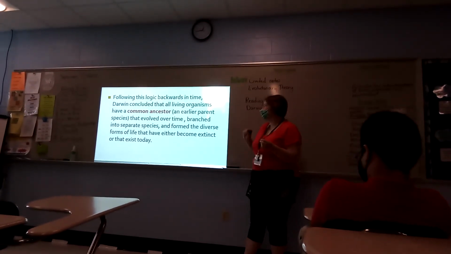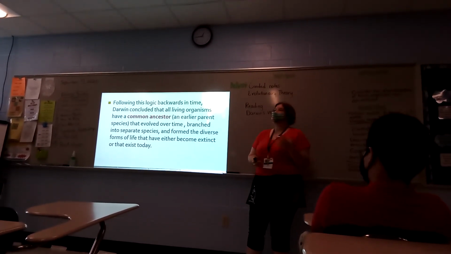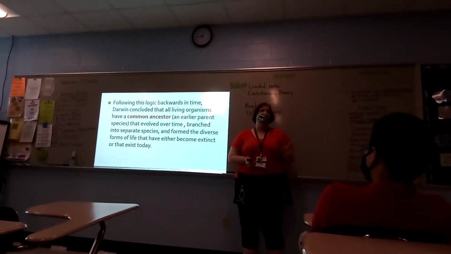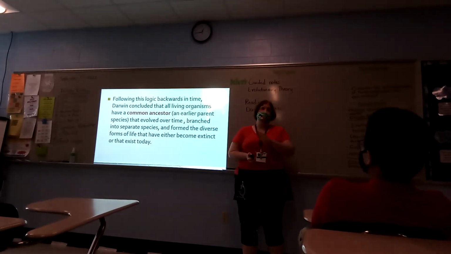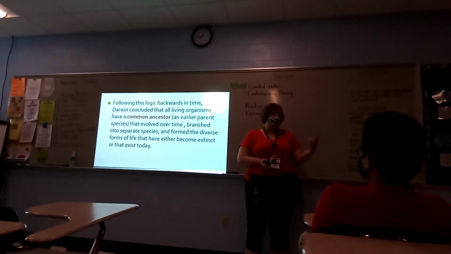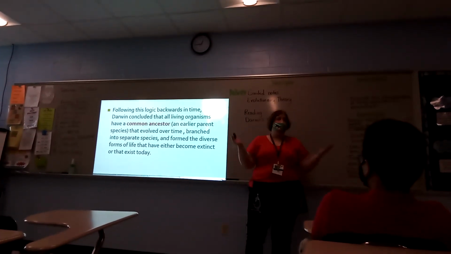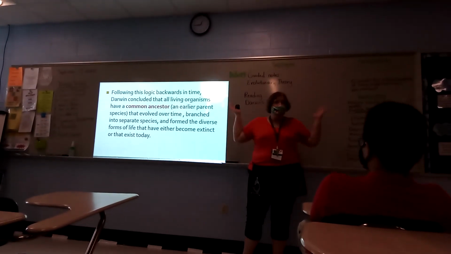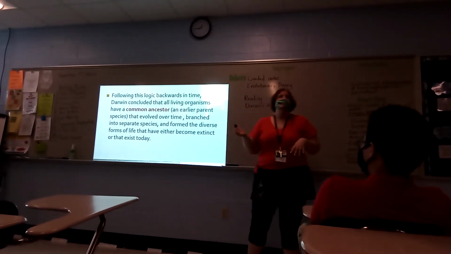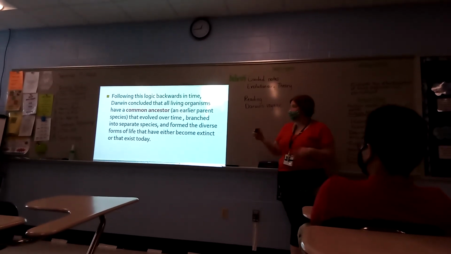That's the idea of this common ancestor. And that's what evolution says. Nowhere in evolution does it say monkeys turned into people. That's a misconception. But it says monkeys are related to people, which we are, because we can take a DNA test and find out you're 99% related to a chimp. We did not descend from monkeys, but we're related to monkeys.